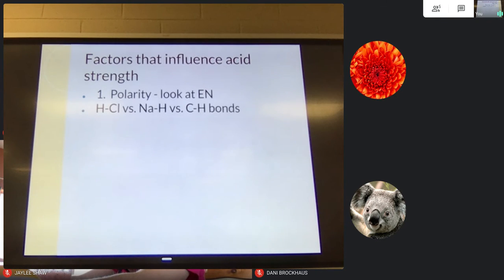To give you some electronegativity values, hydrogen is 2.1, chlorine is 3.0, sodium, I think, is about 0.7, and carbon's about 2.5. So the idea is that chlorine can hog electrons, and by hogging electrons, it's okay with H leaving and leaving its electron.